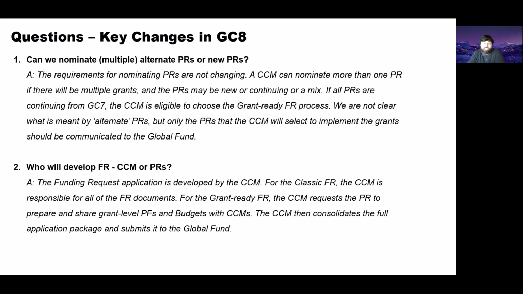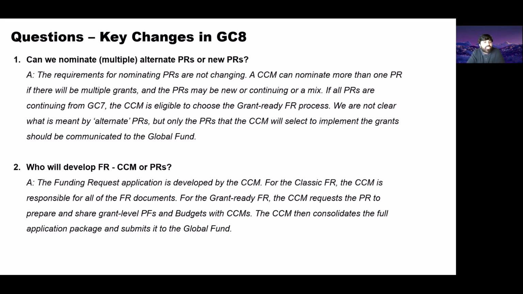If the PRs are continuing, the CCMs will be able to choose the grant-ready funding request process. If it is not an existing one, then most likely you will have to follow the classic funding request process.